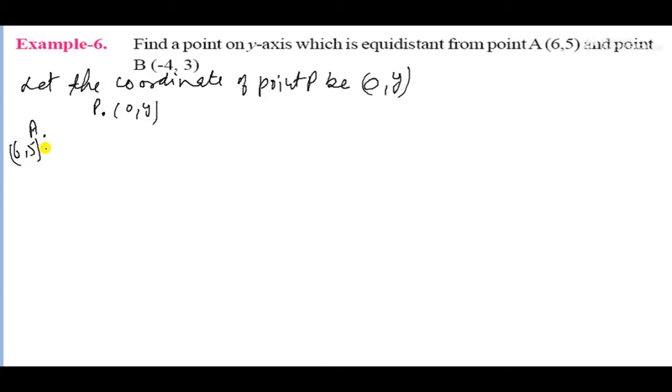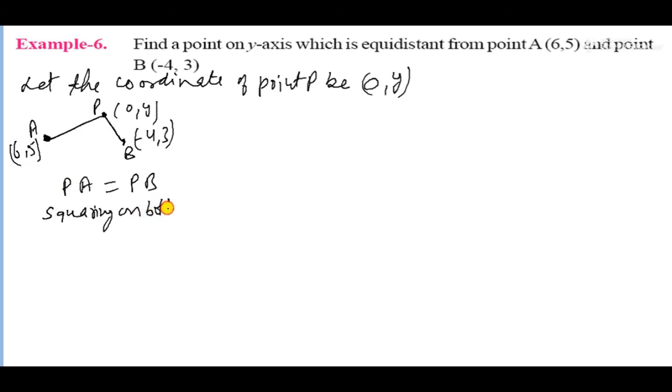So let the coordinates of point P be on the y-axis, so x is 0, and it is (0, y). So the point P is given here, it is (0, y).